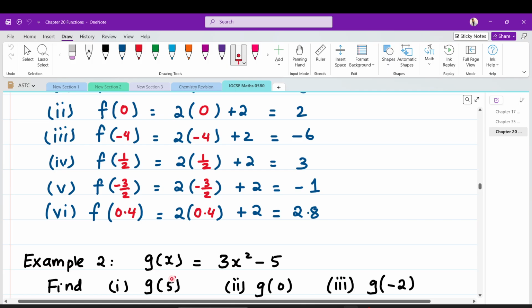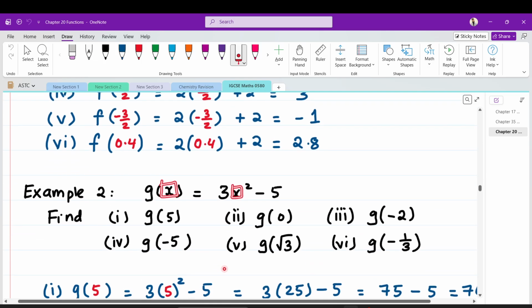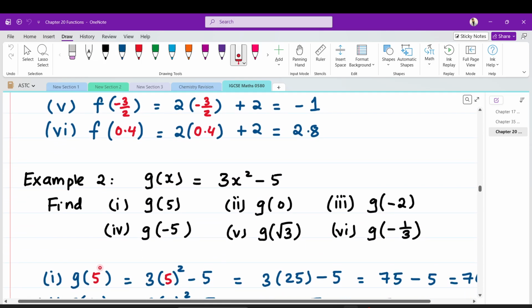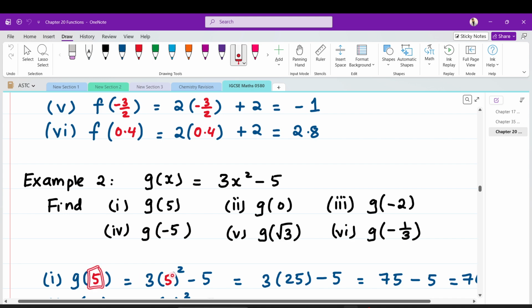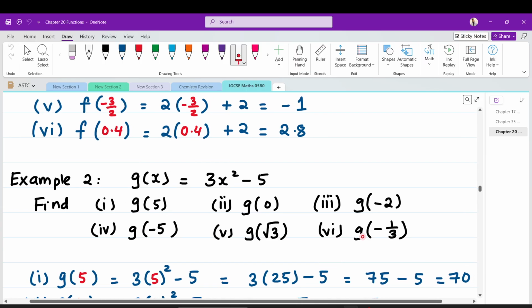If I want to find out what is g of 5, I'm going to substitute 5 over here as well as over here. So 5 comes here and 5 comes here. Now 5 squared will be 25, multiplied by 3 is 75, minus 5 is equal to 70.